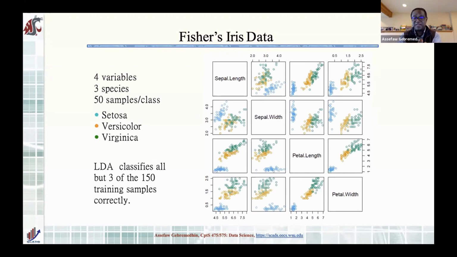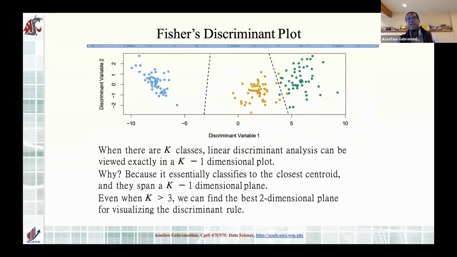So there are three classes here, and here is a way to visualize them when you do the discriminant plot, as it is called. If you have k classes, the plot will have k-1 dimensions. We had three classes here, and so it will be conveniently shown on a two-dimensional plot.